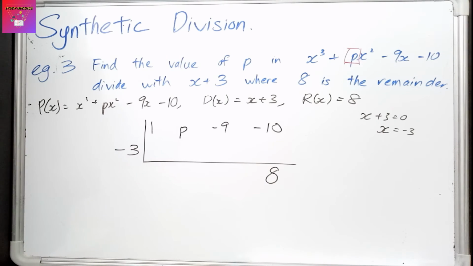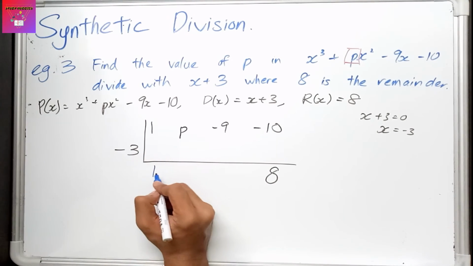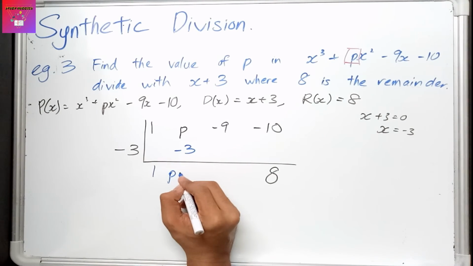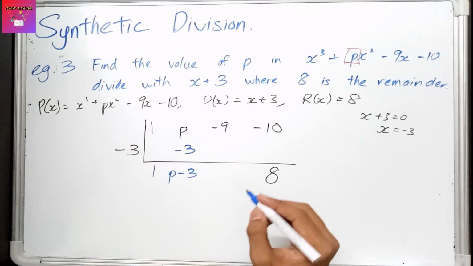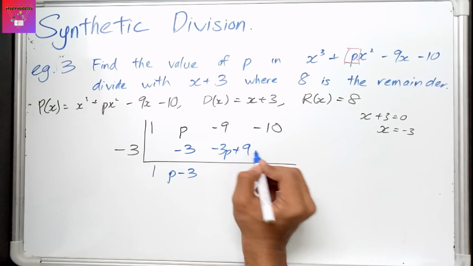Okay, so let's begin our normal process of solving synthetic division. Bring the 1 down here. 1 times negative 3 is negative 3, so this brings a result of p minus 3. p minus 3 times negative 3, you're going to get negative 3p plus 9.